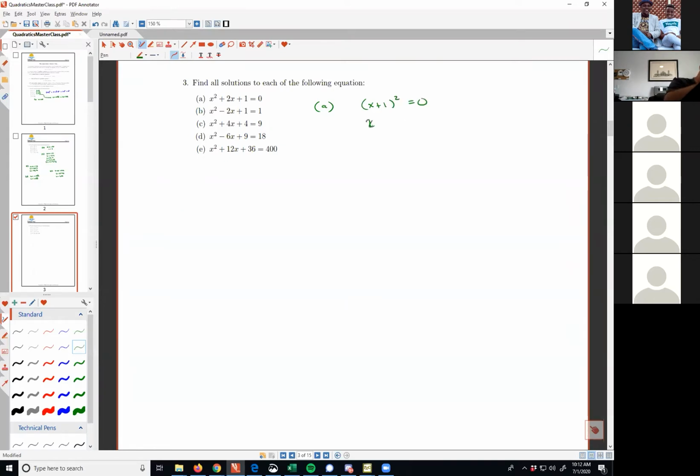Now we can take the square root, and we get our one solution. Okay. Part B. How can we rewrite part B? x minus 1 squared.